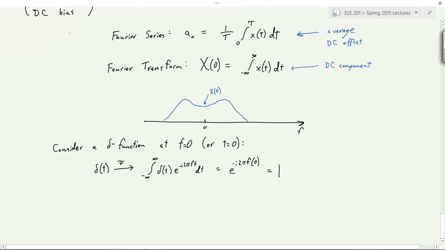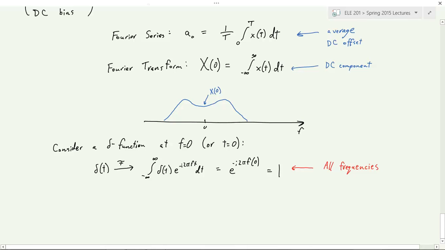The Fourier transform of delta t is 1. But think of it this way. All frequencies are part of the delta function. If you think about what the Fourier transform means, it means which frequencies need to be used to construct that signal. And the delta function has all frequencies equally. All of them are needed to make such a sharp spike.